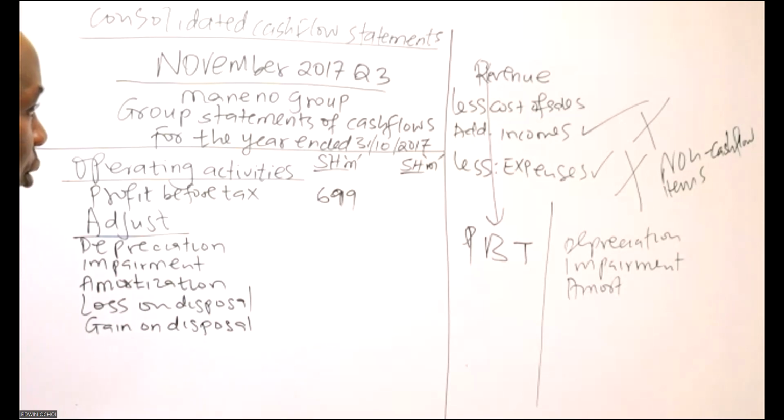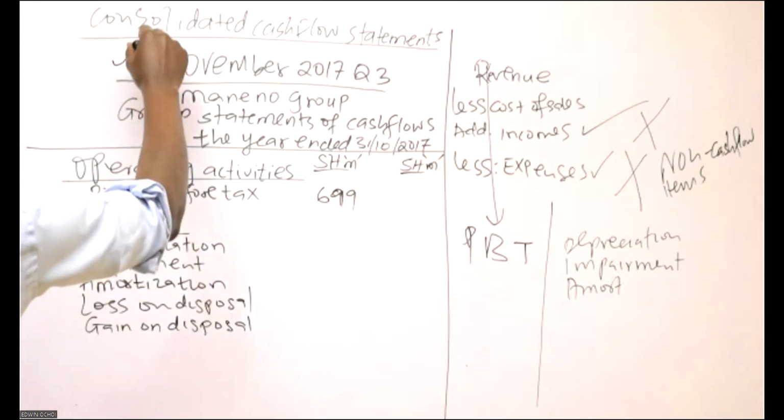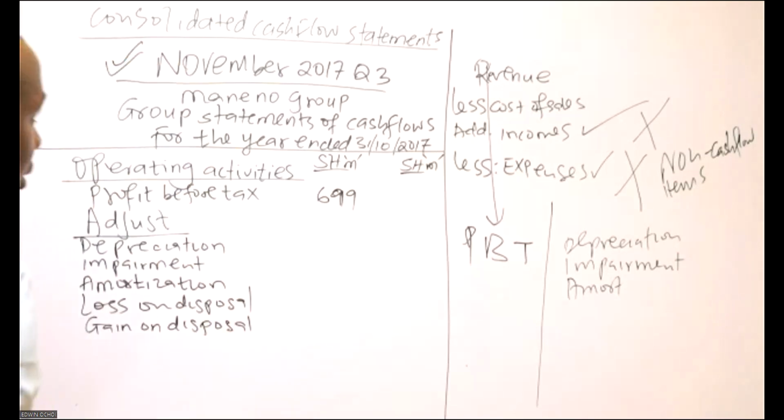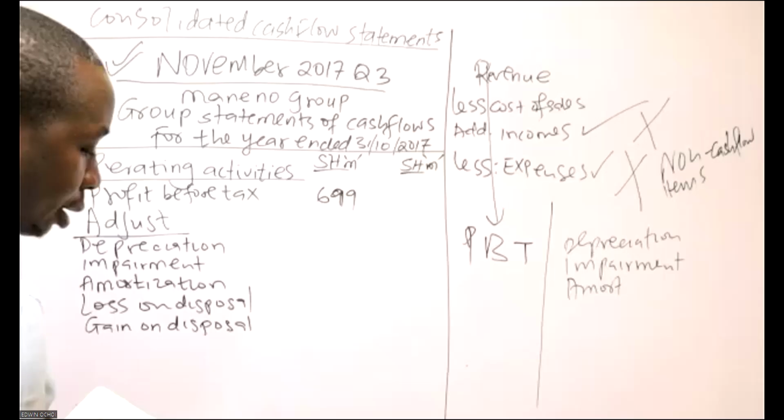So if you go to your question, the November 2017 question 3 for the guys joining now. In that question, additional information number 1, you are told that during the year ended 1st October 2017, there was a depreciation of 240, which was charged in relation to property, plant, and equipment.